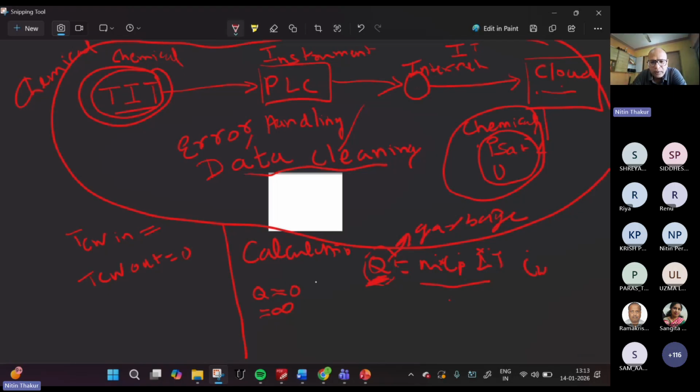Those garbage values are defined by the chemical engineers. How are they defined? Let's say we have the temperature of cooling water coming in, and the temperature of cooling water going out.